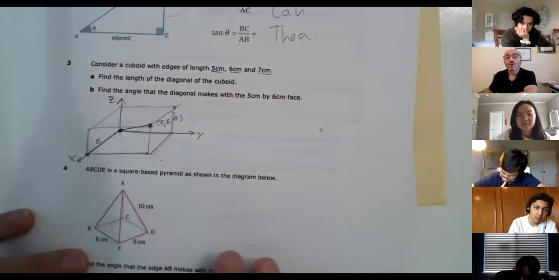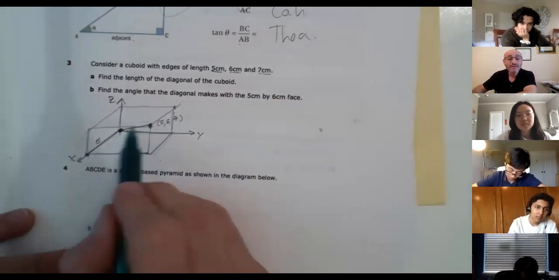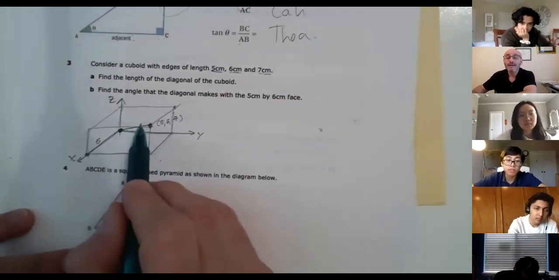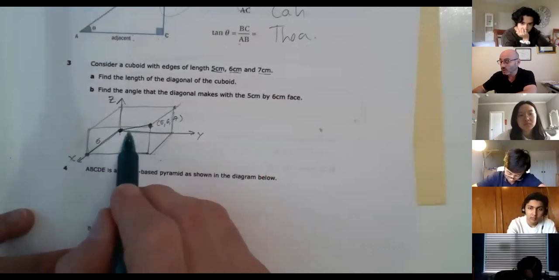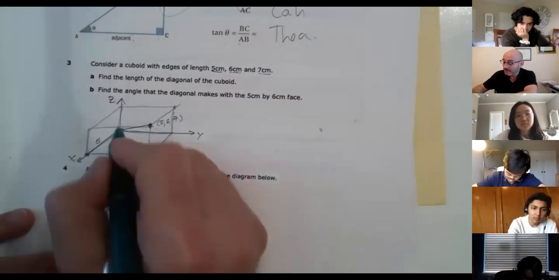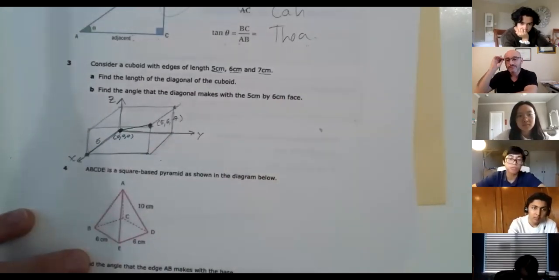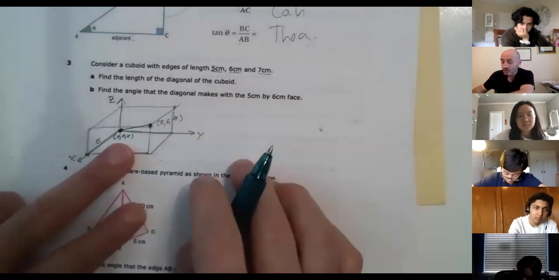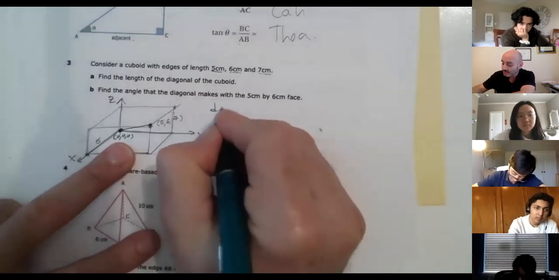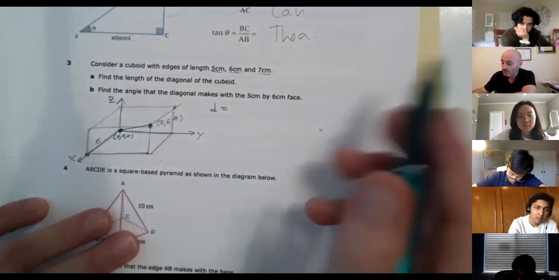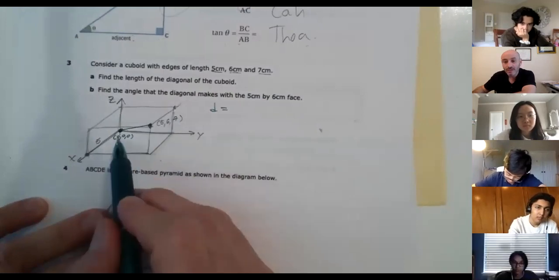And then the diagonal of this cuboid will go from the origin to that point. If we need to know the length of that, all I need is the distance between this point and the origin, 0, 0, 0. So all I need is the distance formula, which is the difference between these points and 0, squared.